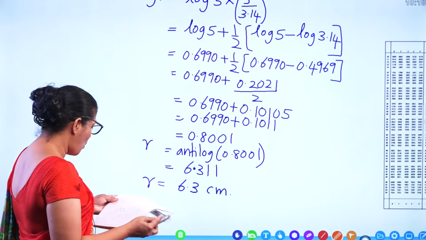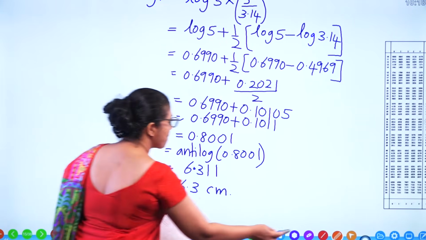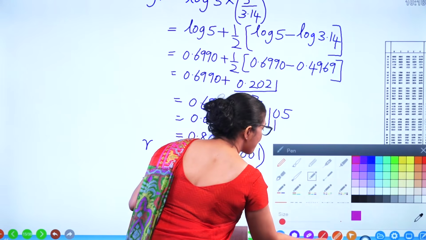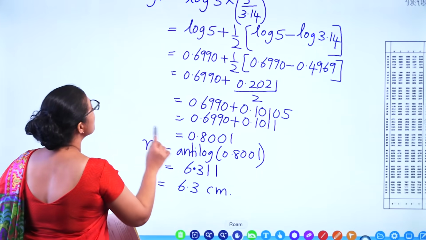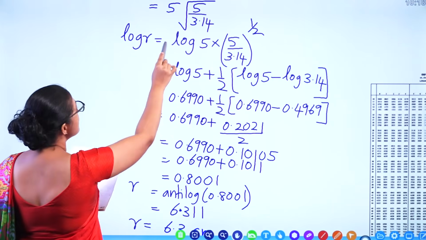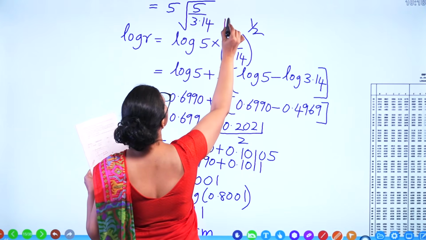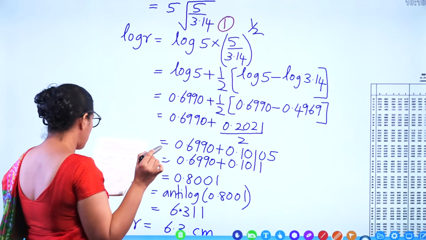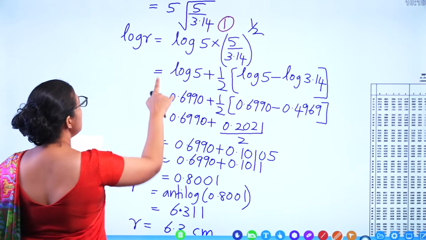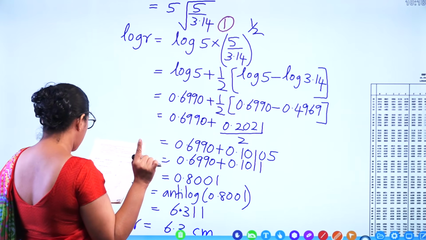Now we'll see how you get marks for this step. Substituting pi as 3.14, you get 1 mark. And using laws of logarithms, altogether 1 mark.